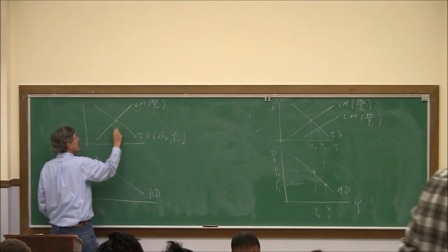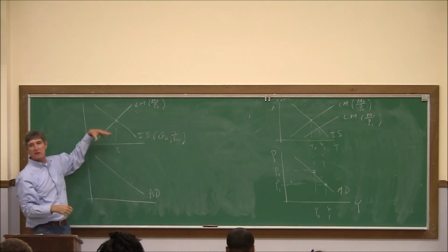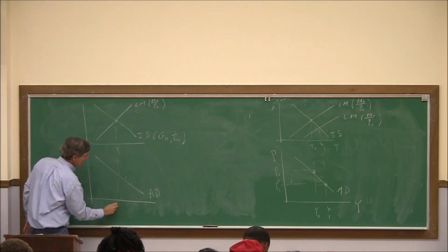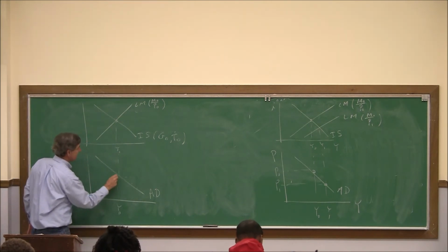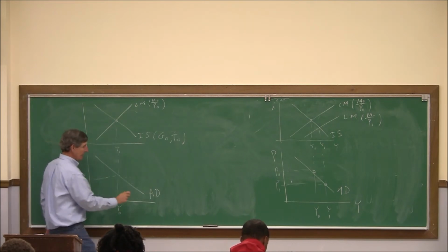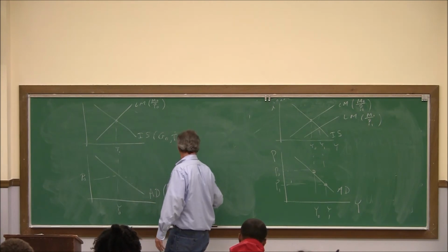The main things we'll worry about here are government spending, taxes, and money. There's other things that shift these curves around, but those are the main things. So our starting point here is Y0 and P0. And this is an aggregate demand curve for G0, T0, and M0.